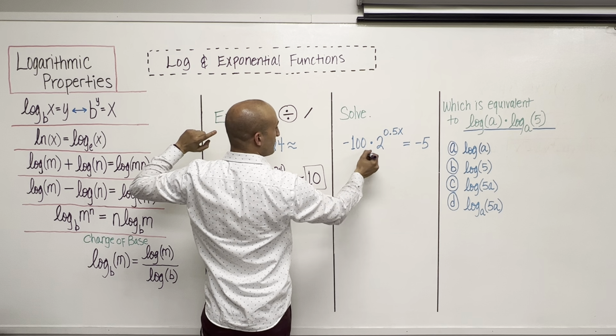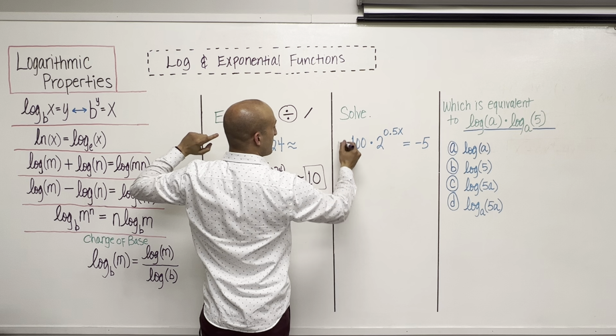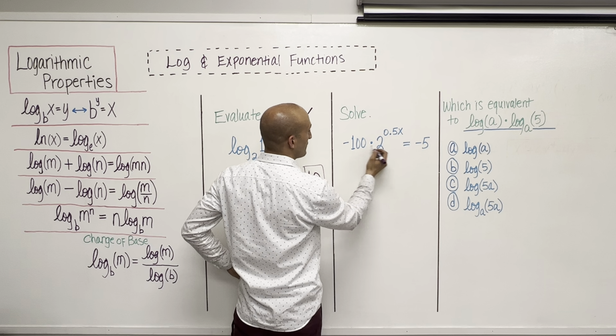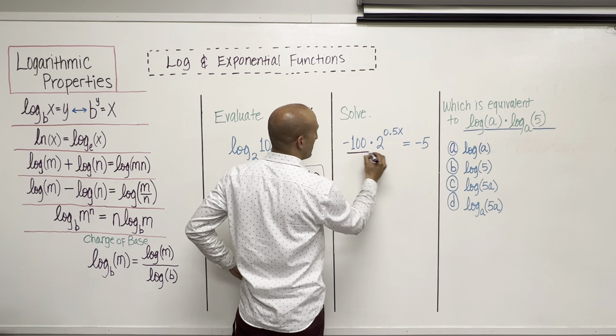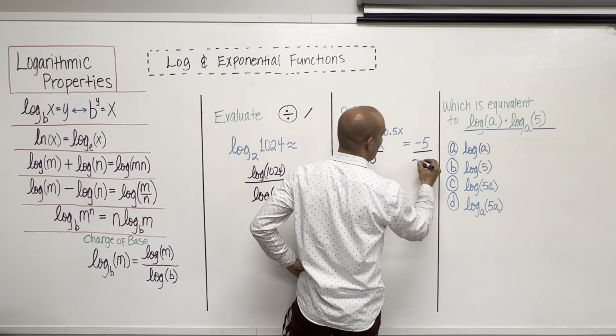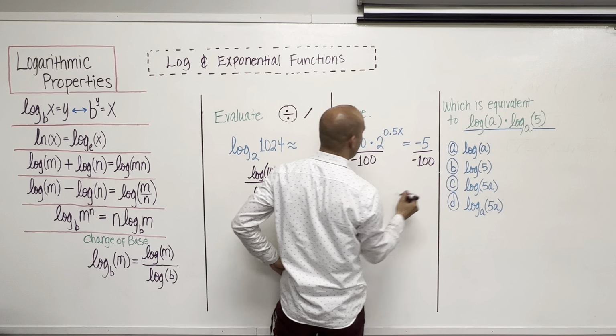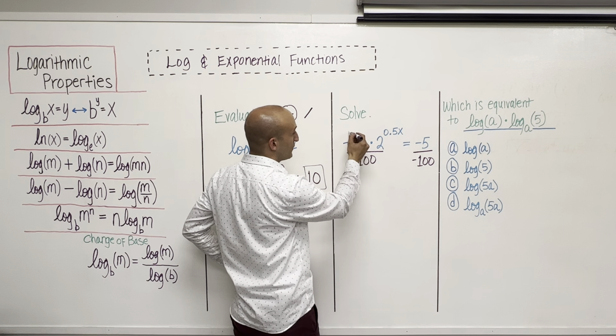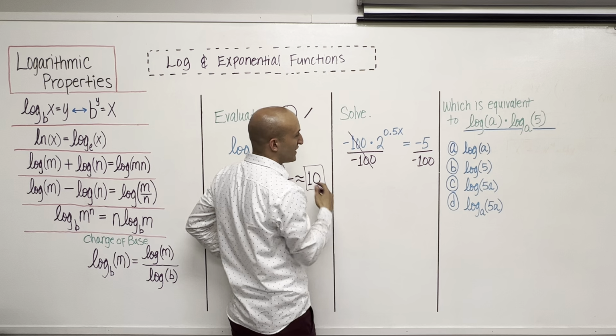So this has got to go. So if I'm multiplying this to all of this, then if I divide by negative 100 to both sides of the equation, then negative 100 divided by negative 100 would just be 1, which I can get rid of.